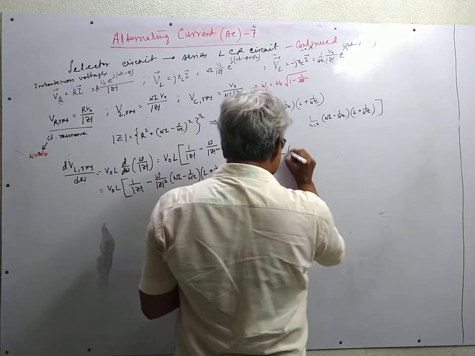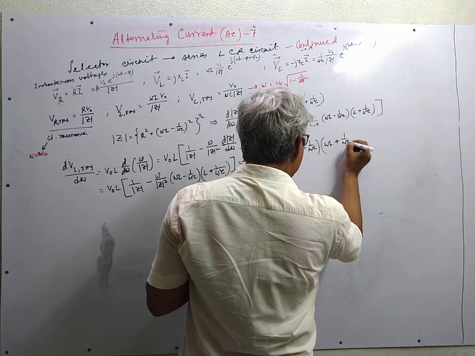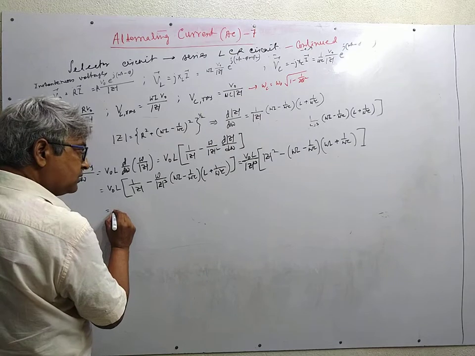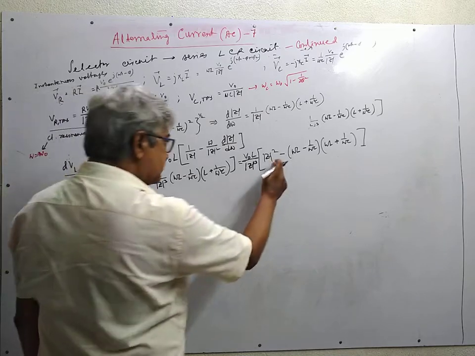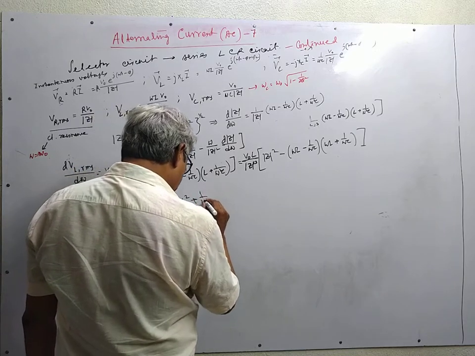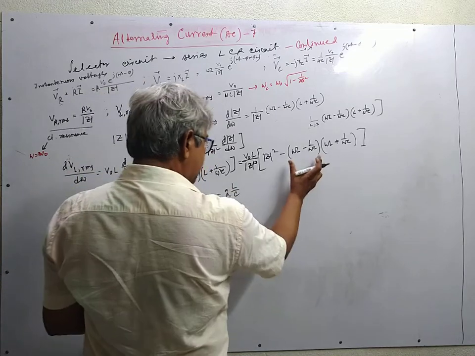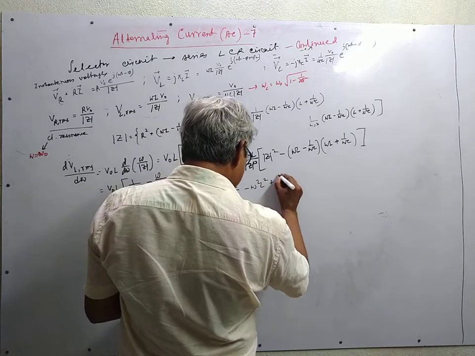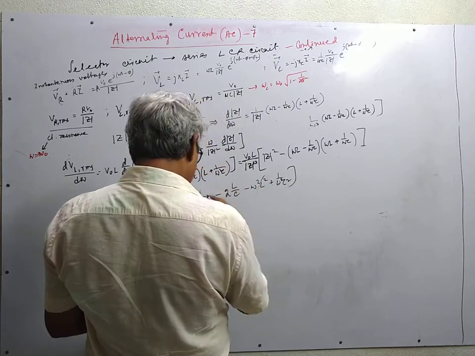Omega is multiplied with this, so omega L minus 1 upon omega C into omega L plus 1 by omega C. This is V0L by mod z cube, then from this part R square plus omega square L square plus 1 upon omega square C square minus twice L by C. This square part is this, and this is minus omega square L square plus 1 upon omega square C square. So this part goes.